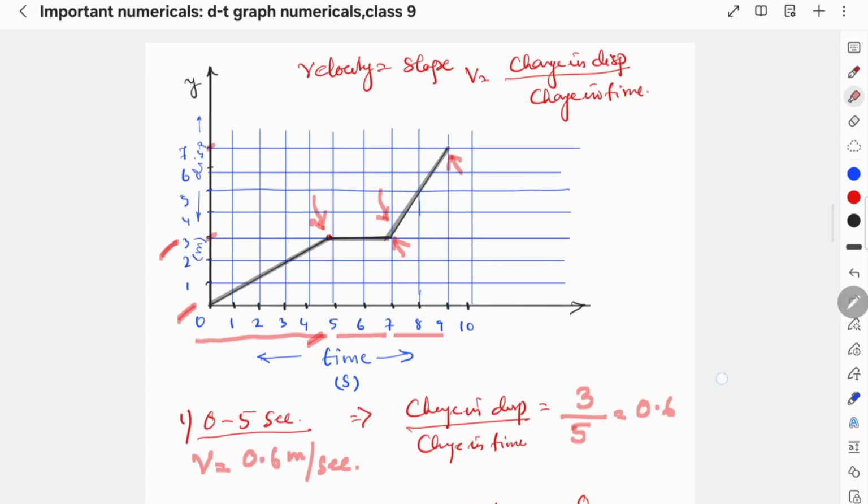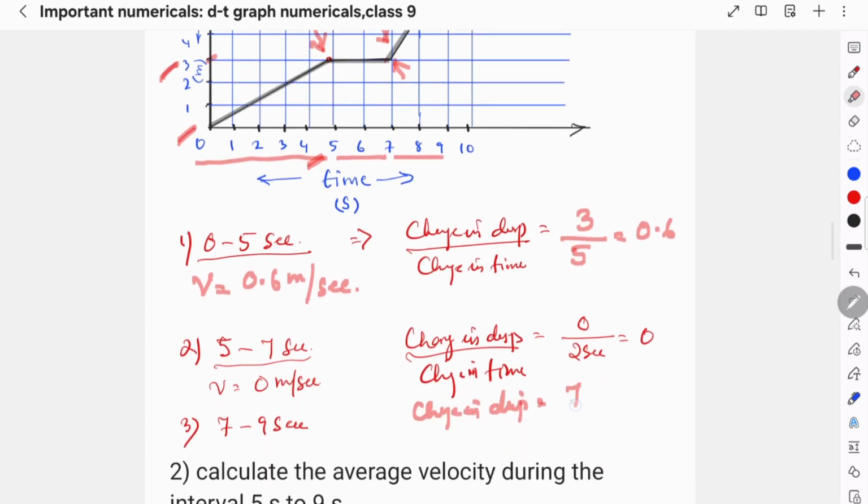From 3 he went to 7, so that is 7 minus 3, that is 4. And change in time, 7 to 9, is 2 seconds. That is 2 meter per second. So the answer for the third part is velocity is 2 meter per second.